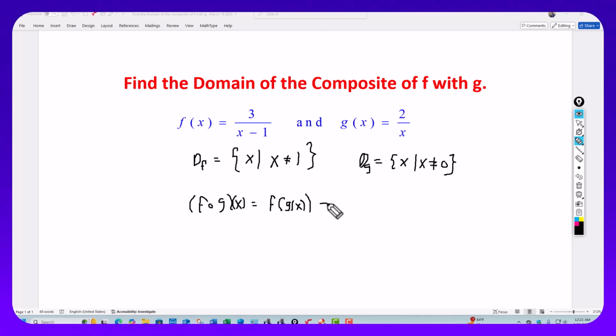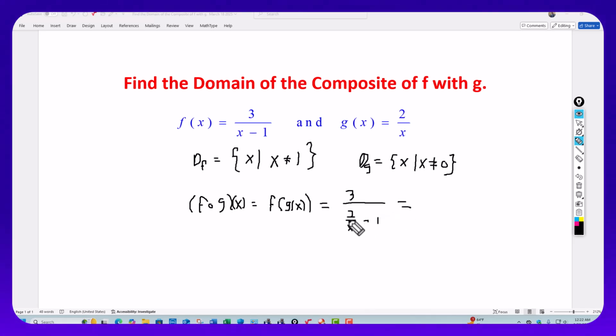So f composed with g, we simply take the f function, and wherever you have an x, you put whatever g is. So this will be 3 over x minus 1. In this case, it's 2 over x, 2 over x, minus 1.